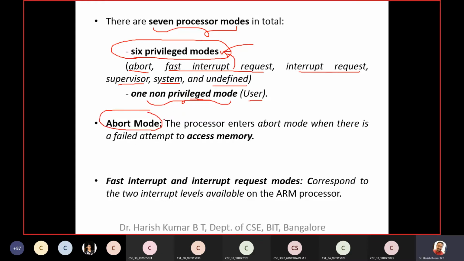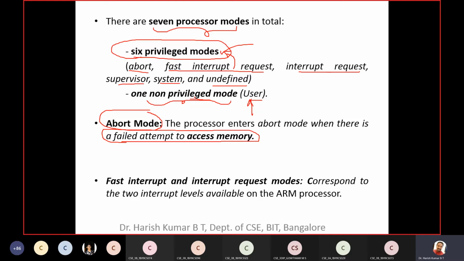The processor enters into this mode whenever there is a failed attempt to access the memory. Normally, as a user, I'll be using the microprocessor or microcontroller in the user mode, which is a non-privileged mode.